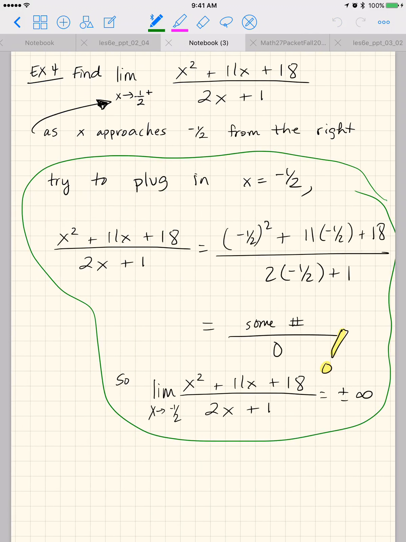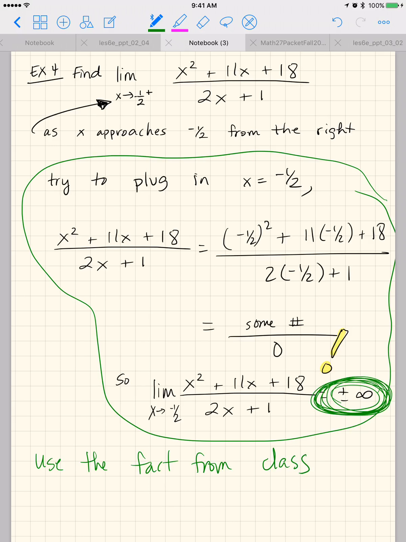Here's another way to come to the same conclusion, that it's plus infinity or minus infinity. Use the fact from class, which says if you have a vertical asymptote, that implies an infinite limit.